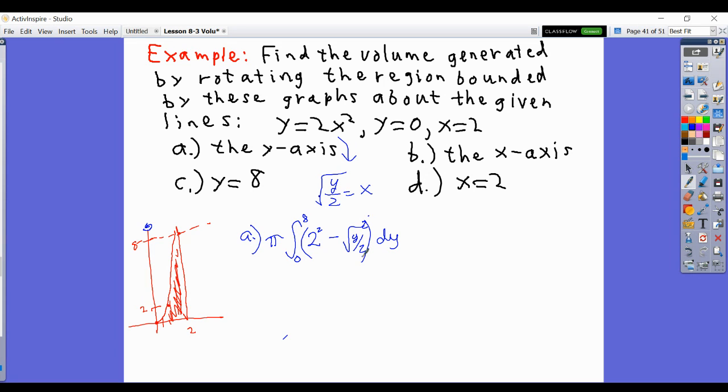Okay. And then instead of doing that, I also could do this shell. So that's disk. Or actually, that's washer, because I had the two different ones, right? So let's do shell, and then we could check with our calculator and see if they're equal. So for the shell method, I'm going to do 2 pi, and because I can slice it this direction, I'm doing it with respect to x.